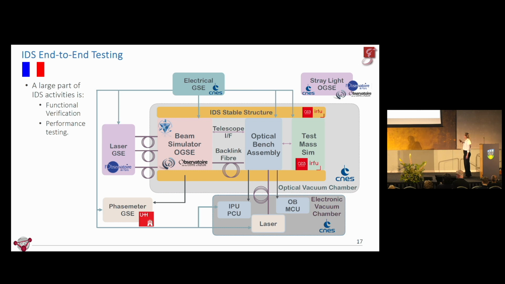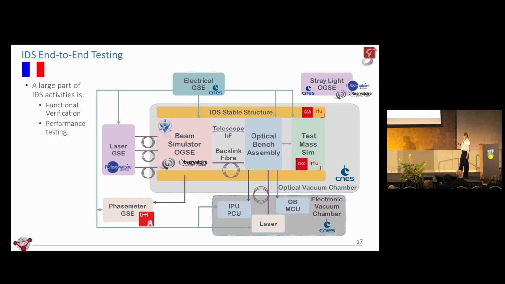And we also have the test mass simulator on the other side that acts as a test mass. All of those units are enclosed in a stable structure to provide relevant stability for the test, and this all is enclosed in the optical vacuum chamber for the relevant environmental stability.